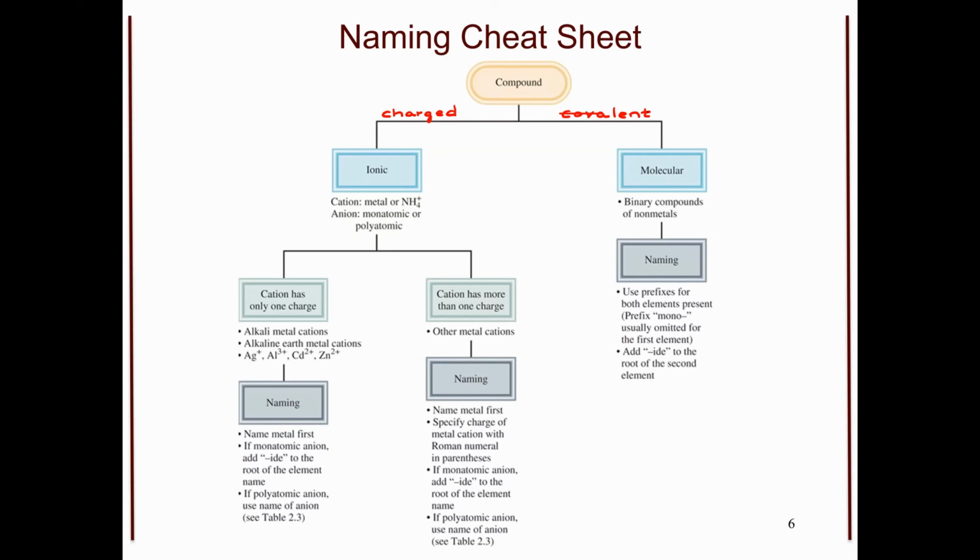That means that it is always going to have that same charge. And you will see the list here of all of the metal ions that have only one charge. Then what happens is if you have the cations that have more than one charge, historically the transition metals and the lanthanides and actinides, this is when you use the Roman numerals.